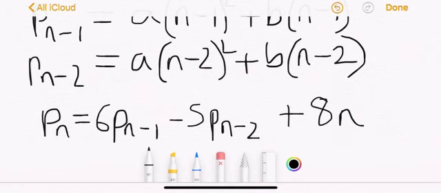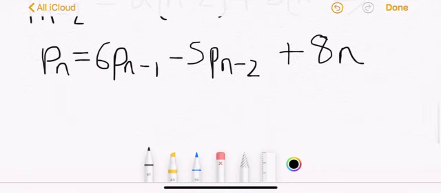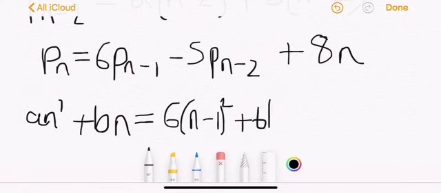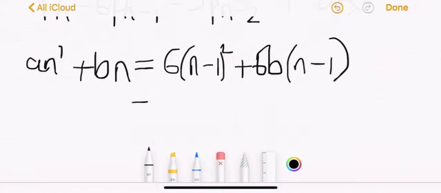Well, on the left-hand side we just get an squared plus bn, and on the right-hand side we have 6a(n-1) squared plus 6b(n-1) minus 5.